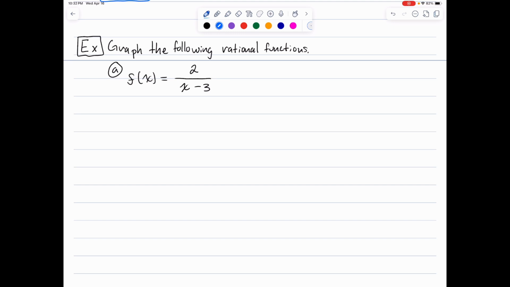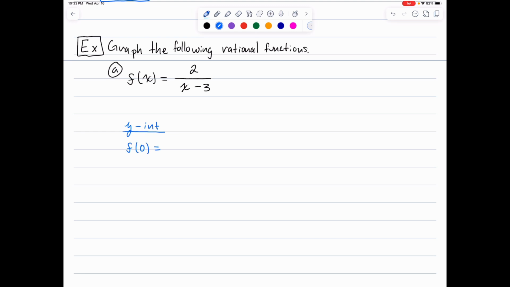We're first going to want to find the y-intercept. So let's look for the y-intercept here. To find the y-intercept, we just do f of 0.